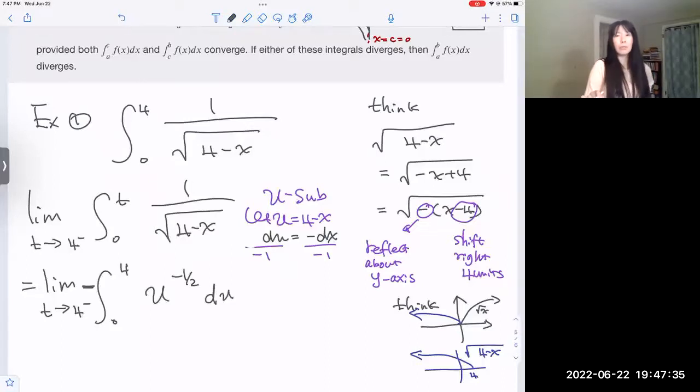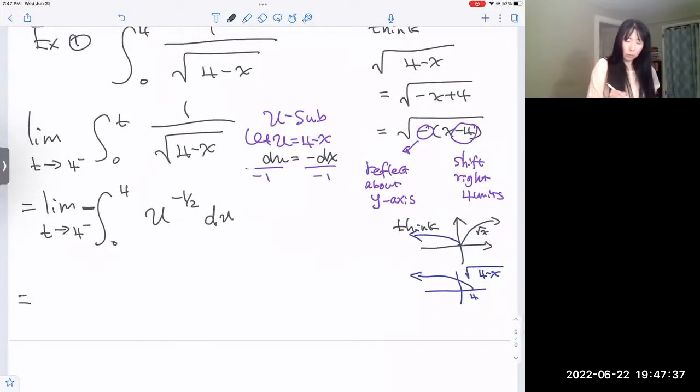Okay, now the limit as t approaches 4 from the left.